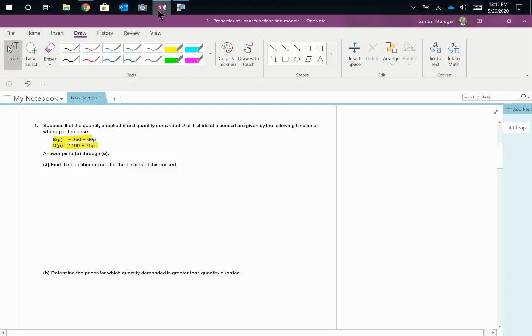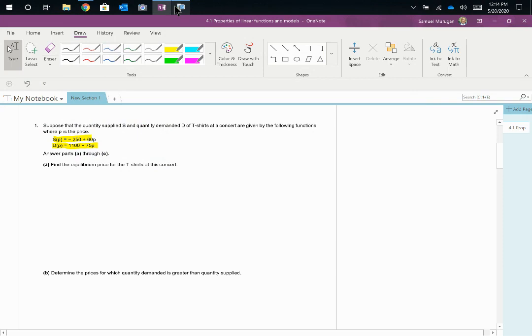Okay, so I'm going to go ahead and open my calculator and put these two functions in as y1 and y2: negative 250 plus 60p, and 1100 minus 75p.